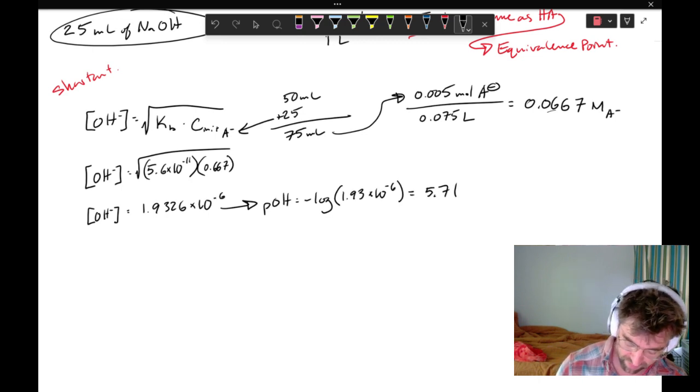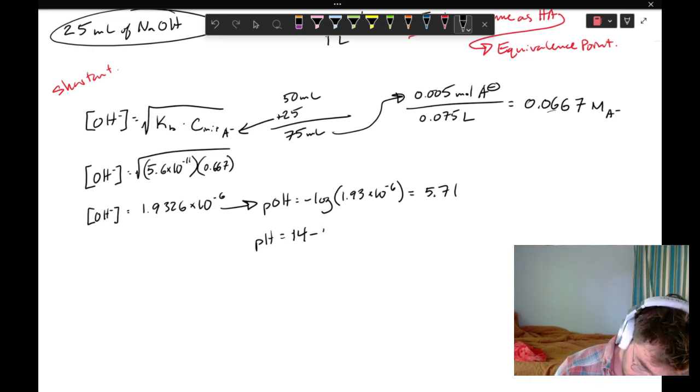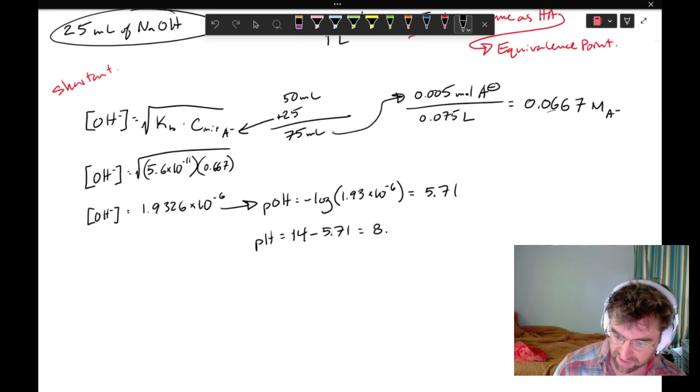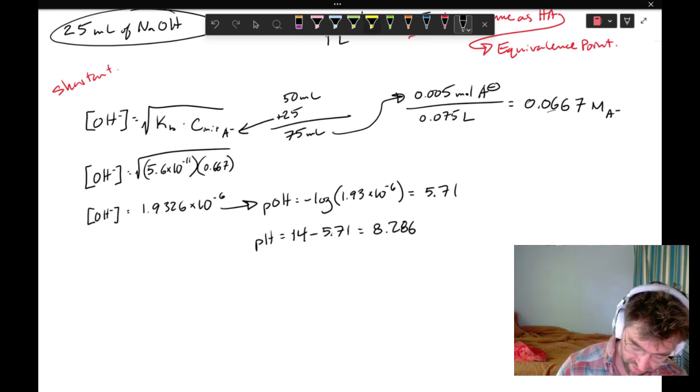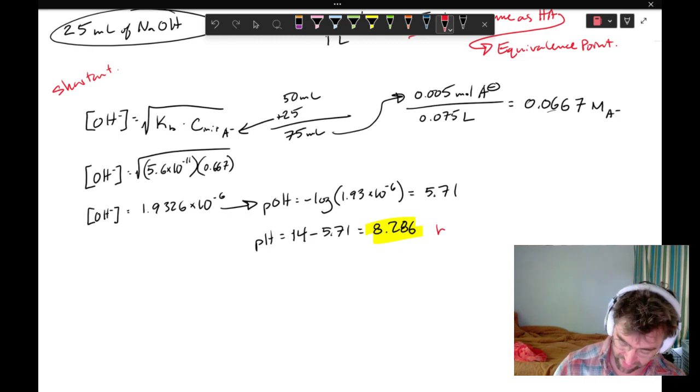We're not done yet. pH equals 14 minus pOH equals 8.286. And now our solution is basic.